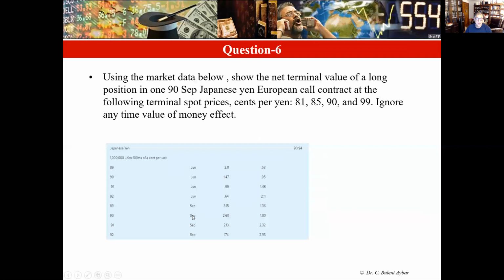If you look at the September contract, the call option is worth $260, or $0.0000260 per Japanese yen. Obviously, since the premium is larger now, the sunk cost is larger and everything is going to be calibrated for a larger sunk cost. So let's see how the numbers pan out.